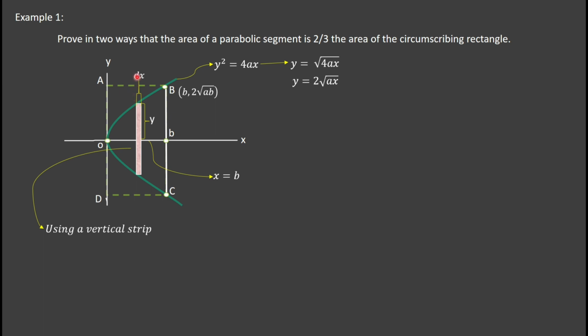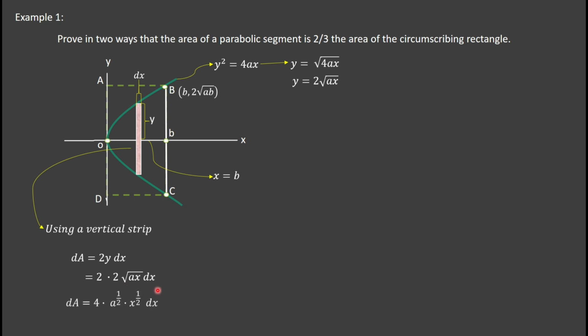Therefore dA equals 2y dx, because of the symmetry of the parabola. Then another symmetry, so we can take times 2. Since the area here we can find, the area here we can also find. Then we have 2 times 2 square root of ax, then dx.